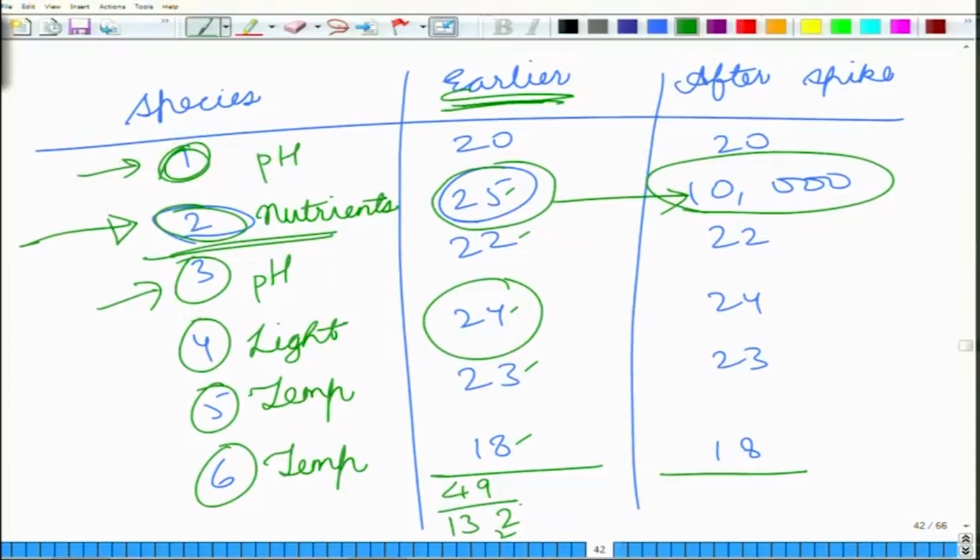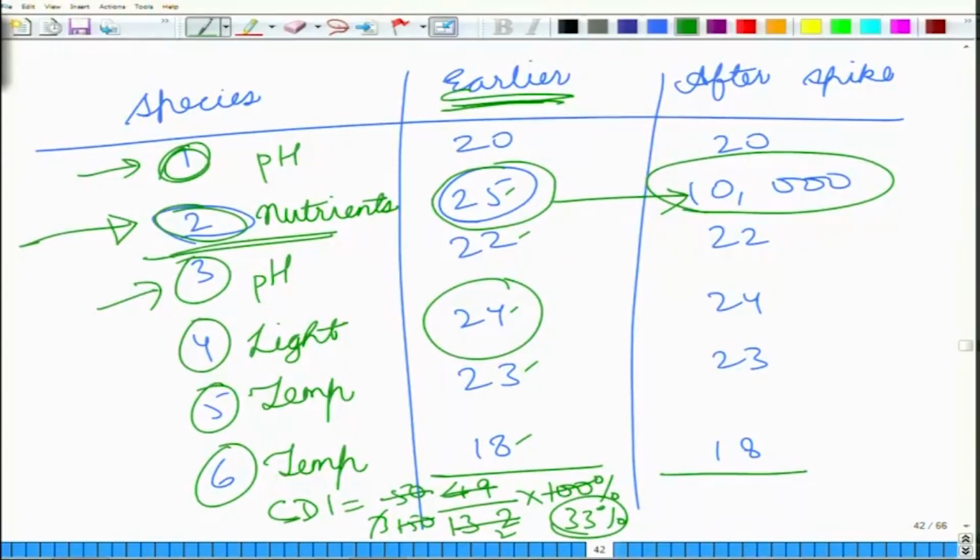So the community dominance index would be 49 by 132 into 100%. Roughly, this is around 50 and this is around 150, so it becomes close to around 33%. This is the community dominance index we had in the lake beforehand.